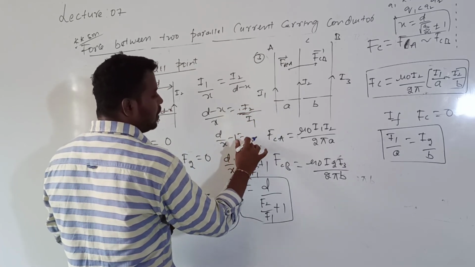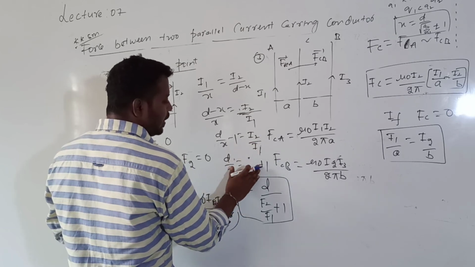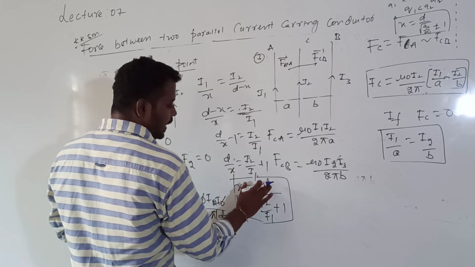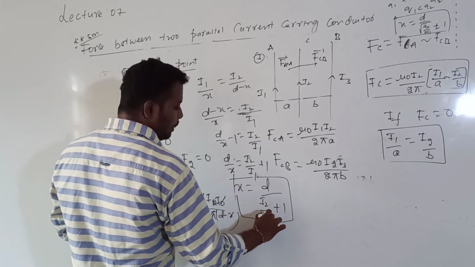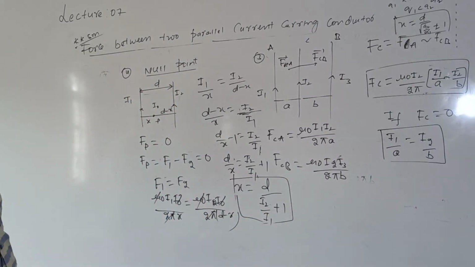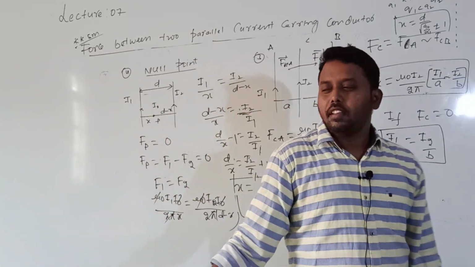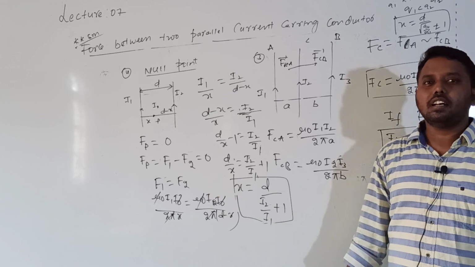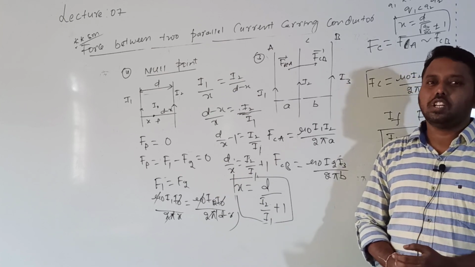So x is equal to d divided by I2 by I1 plus 1. Whenever the currents through two parallel conductors are given, using this formula we can calculate the null point. Understood? This topic is very important for doing numericals also.